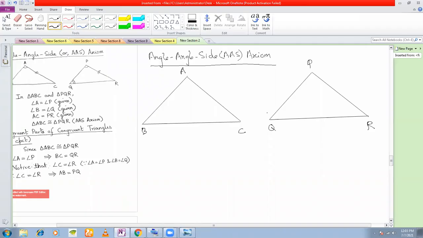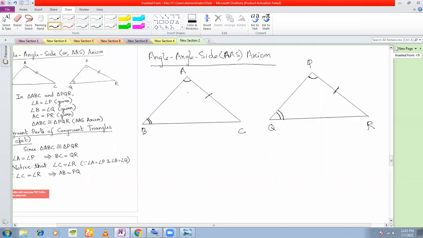What else is given? It is given to you that this angle here is equal to this angle here. Also, this angle here is equal to this angle here. Also, it is given to you that this side is equal to this side. Then we can apply angle side axiom on these two triangles.